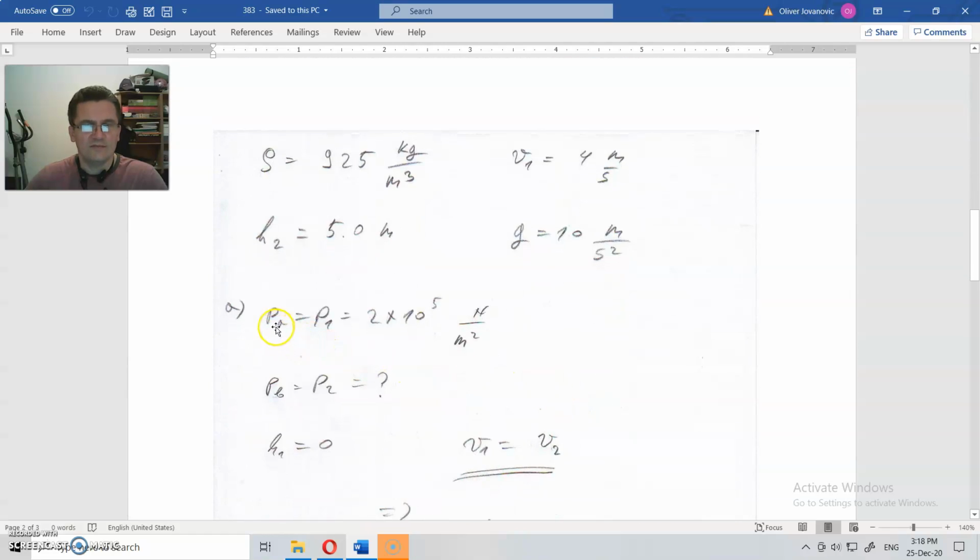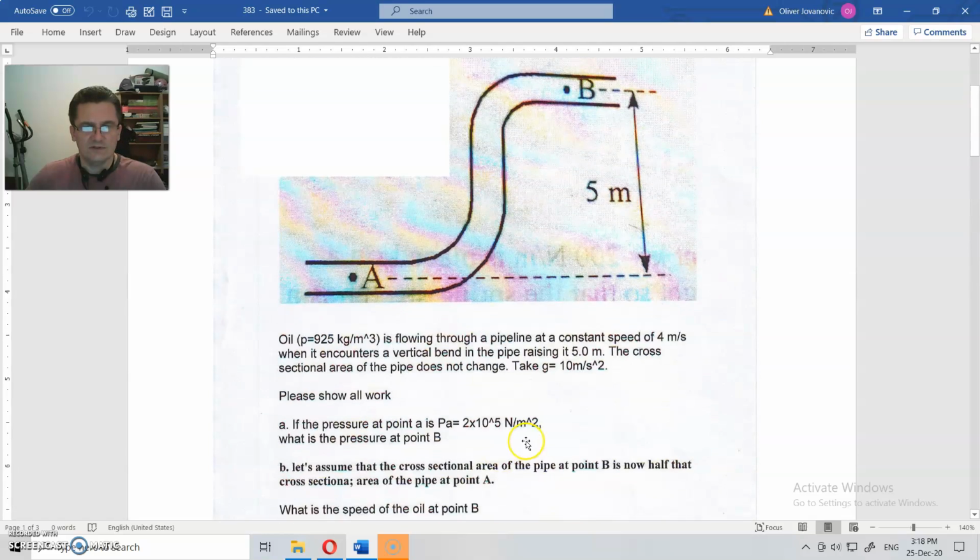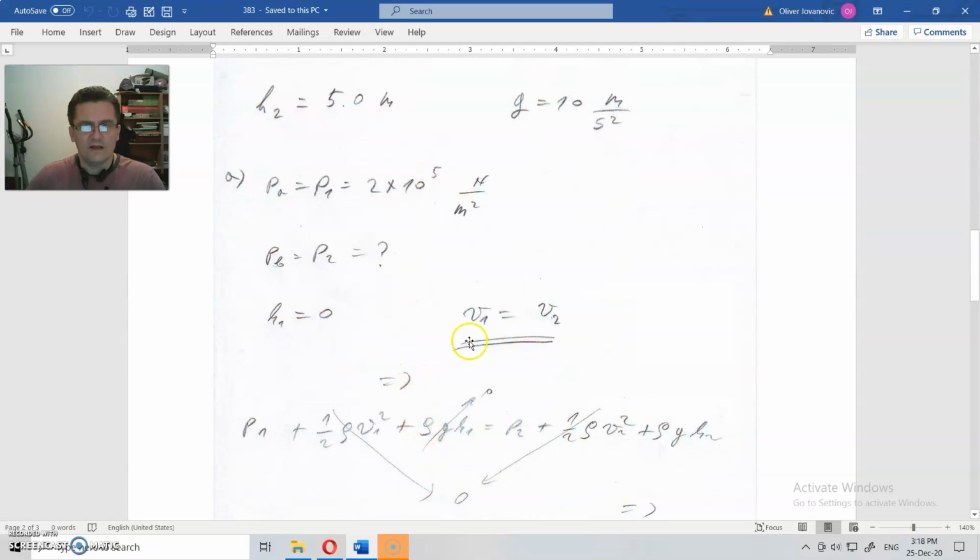So under A, PA is actually P1, that is 2 times 10 to the 5th Newton per meter squared. And the question is, what is P2? H1 is 0, so place that to be 0. And the speed of the fluid is the same. Why? Because the fluid does not contract in this situation.